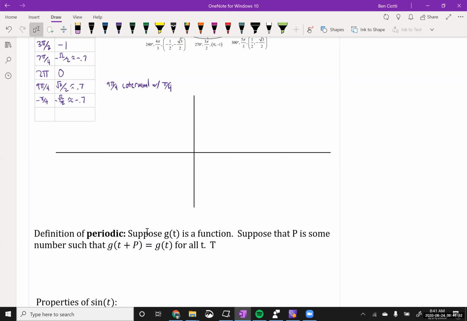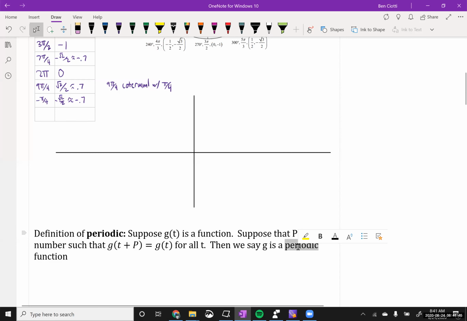In that case, then we say g is a periodic function, and its period, that is how long until it repeats, is whatever that number capital P is.